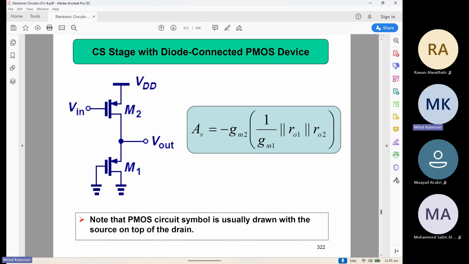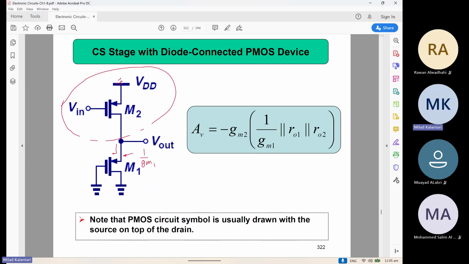So here is the same thing, but just the input device is the PMOS, and the load is another PMOS, looking at the source. So the load is the impedance 1 over GM1. And then the common source device is the top one, just the PMOS.